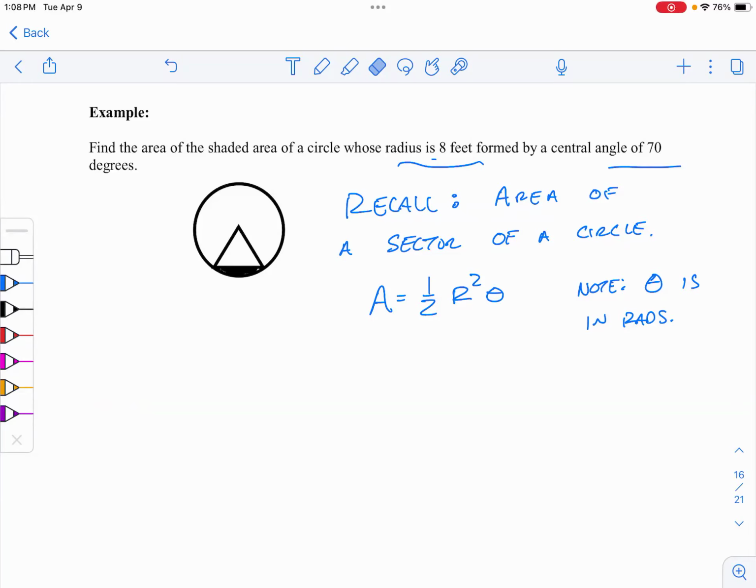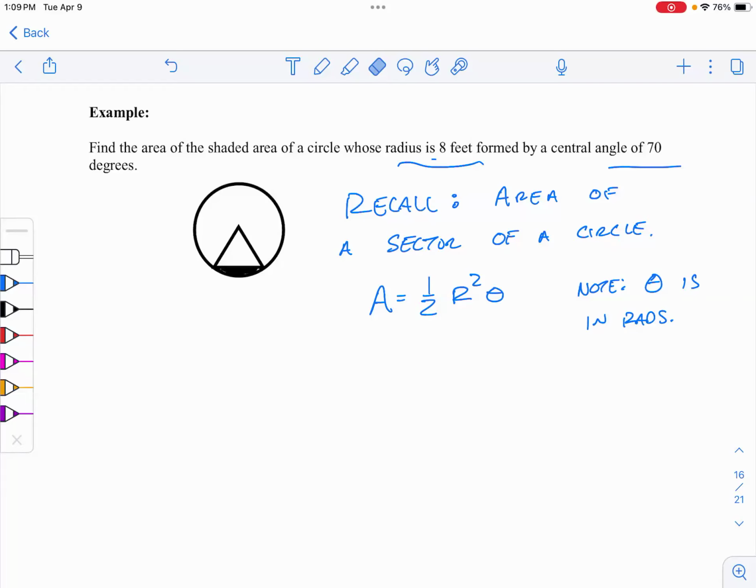Plug it in. I mean, I'll have two numbers. In order to find the shaded region, what do I do with those two values? What mathematical operation do I perform? Right. Subtract. Yeah, it's literally just subtraction.